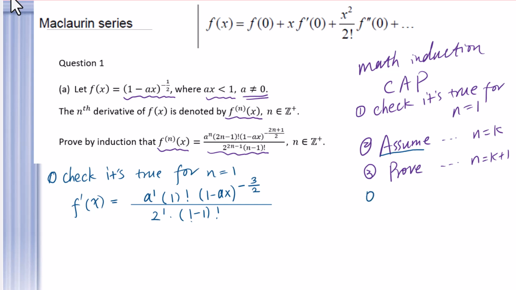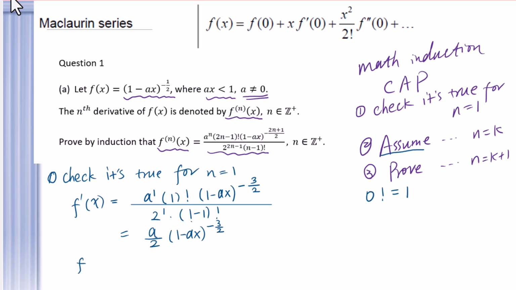We do know 0 factorial equals 1. Organize. We got a/2 times (1 minus ax) to the power of negative 3/2.